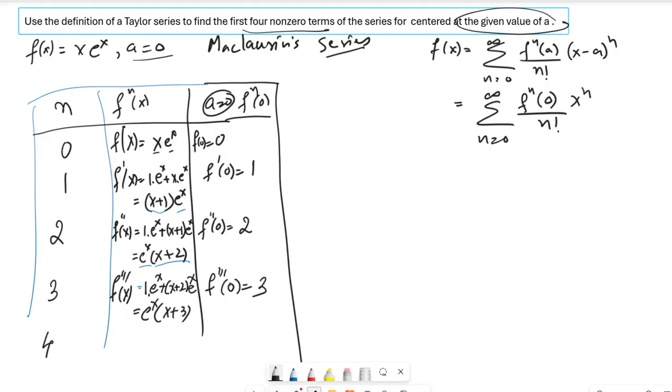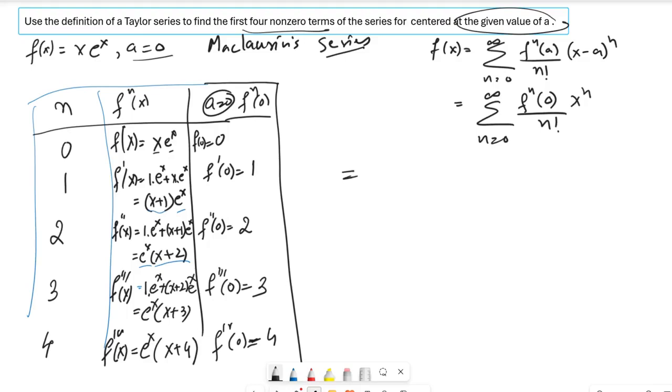Similarly, I can follow the pattern now. I think the fourth derivative would be e^x times (x plus 4). So the fourth derivative at 0 would be, when I put 0, e to the power 0 is 1, 0 plus 4, 4.